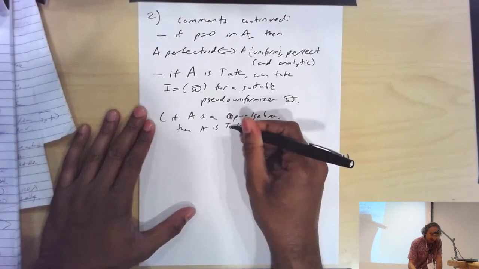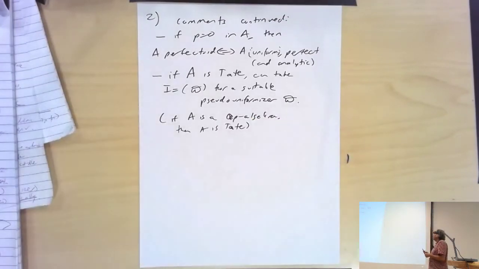So if you're interested in perfectoid algebras which are Q_p-algebras, then they are all automatically Tate. Of course, however, they're not necessarily all defined over a perfectoid field. Again, there's an exercise in the notes about that.